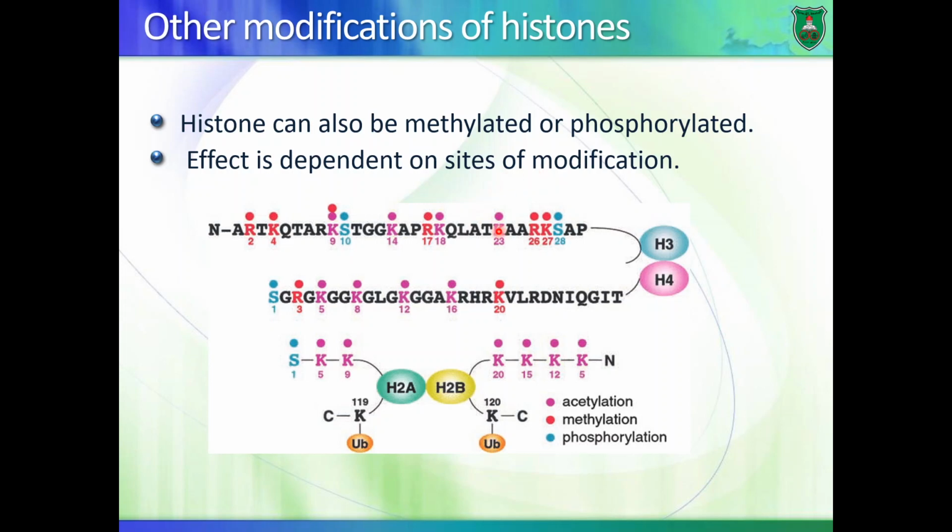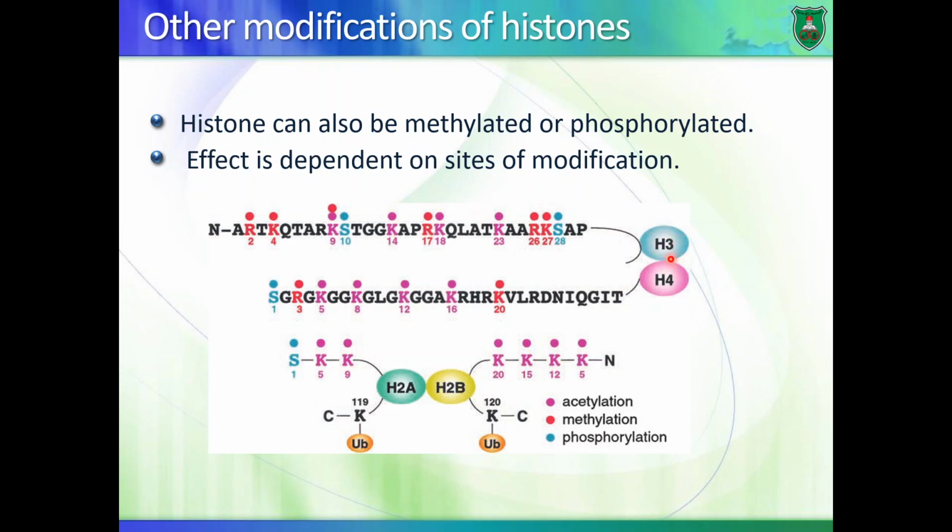Sometimes methylation of certain regions of DNA would induce gene expression depending on where this modification takes place. In other cases, modification by methylation would actually repress gene expression. So it depends on where this takes place.